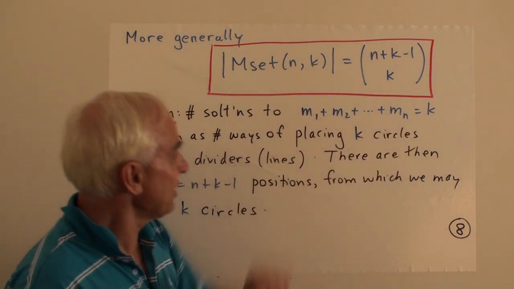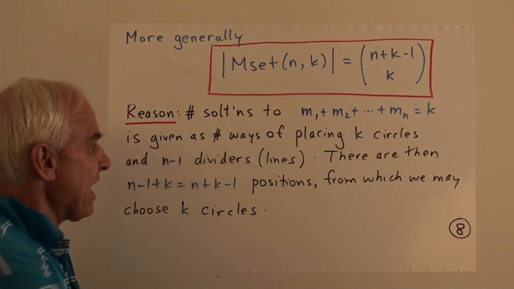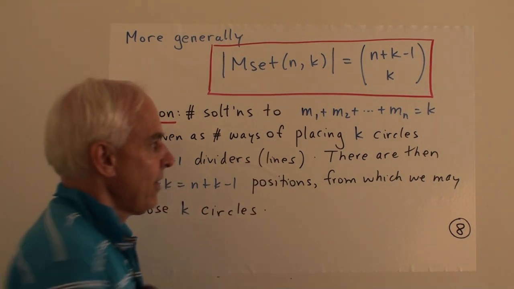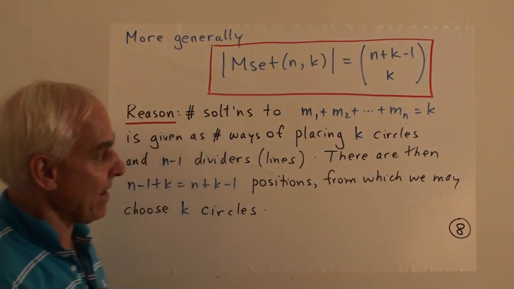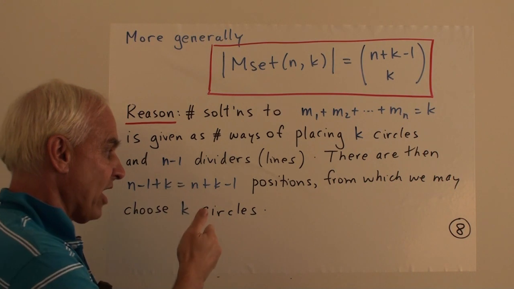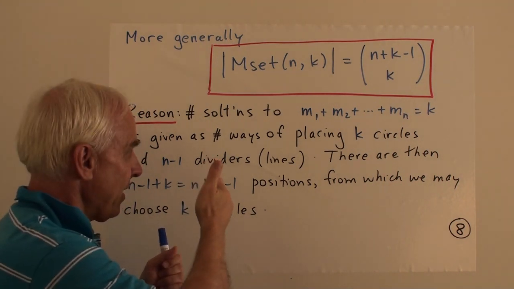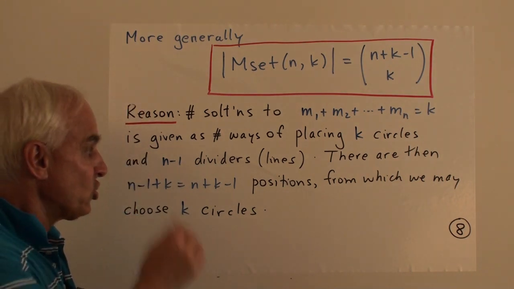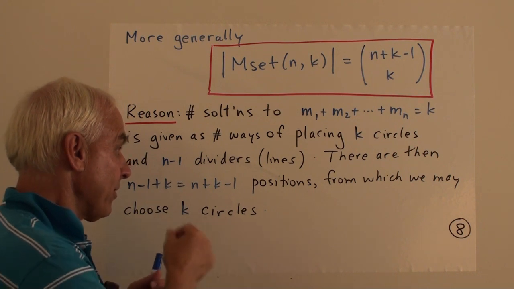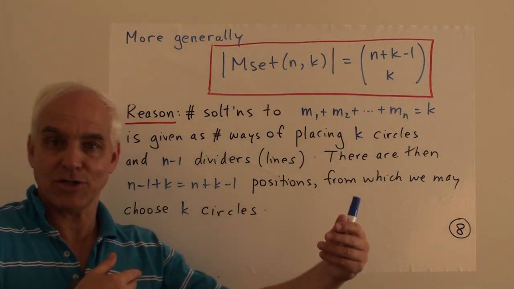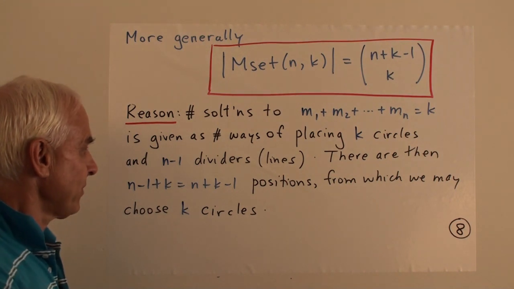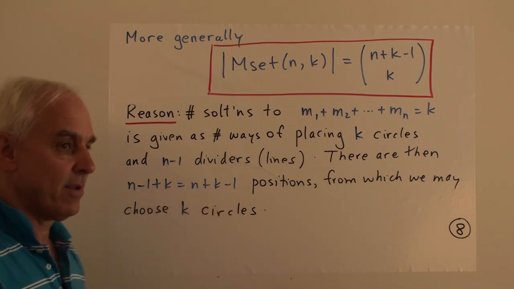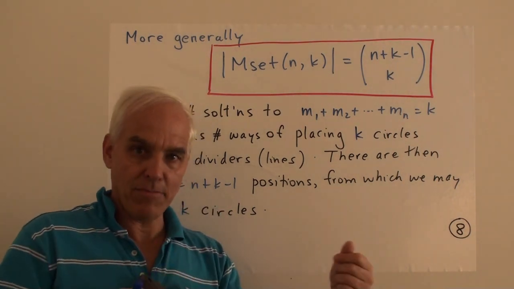So the number of solutions to this, well, it's the same as the number of ways of placing k circles and n minus 1 dividers. These n multiplicities can be represented by these n positions that are obtained with these n minus 1 dividers. And then we have to choose k circles interspersed amongst those n minus 1 dividers. So altogether there are then n minus 1 plus k, or n plus k minus 1, objects in our diagram.